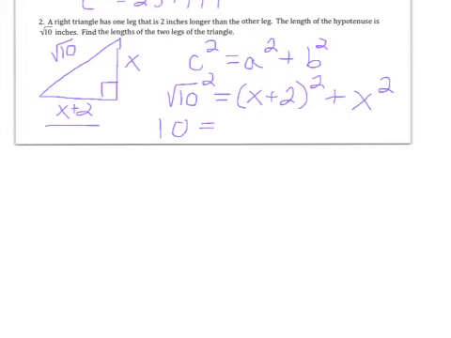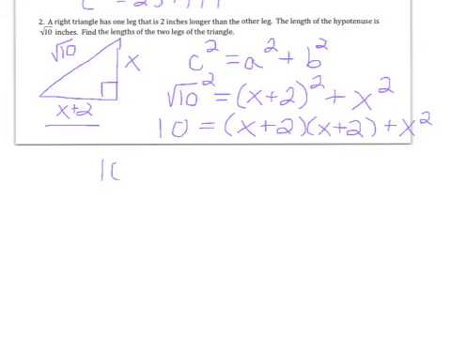How do you square x plus 2 quantity squared? If you said write it twice and FOIL, then that is correct. And then we still have this additional x squared in the back.